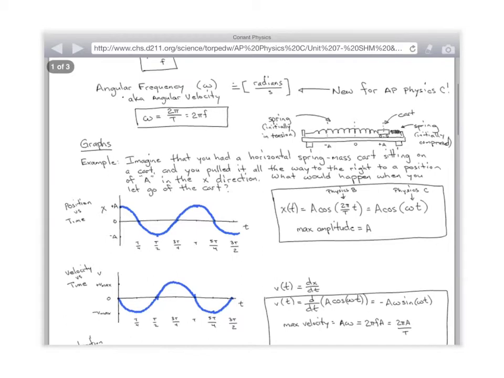Wait, when does the maximum velocity occur? Well, in this case, the maximum velocity is at 3T over 4 and T over 4, right? But at maximum velocity, when does sine omega t equal 1?